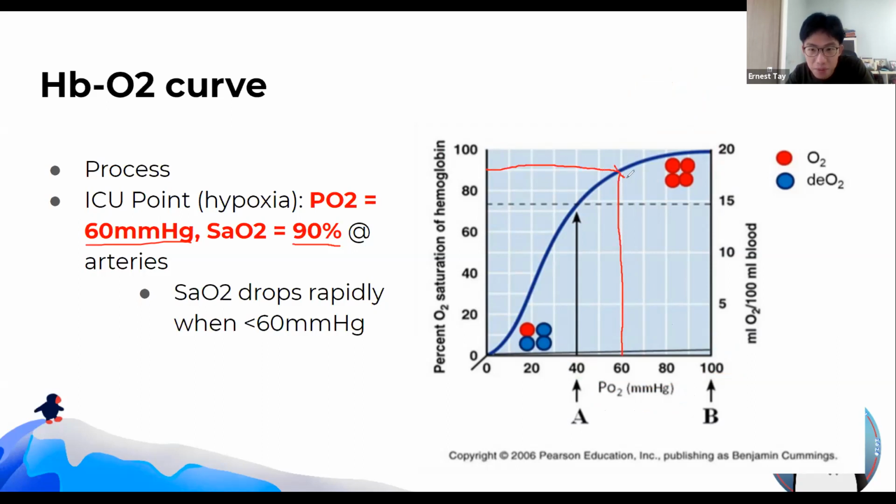Beyond this point, your curve becomes very steep, right? So a small drop in your oxygen will cause a very, very big decrease in your oxygen saturation, and that's really bad because then your body is unable to transport oxygen efficiently, and really you'll get into this hypoxic state. So that's the whole rationale behind the ICU point.